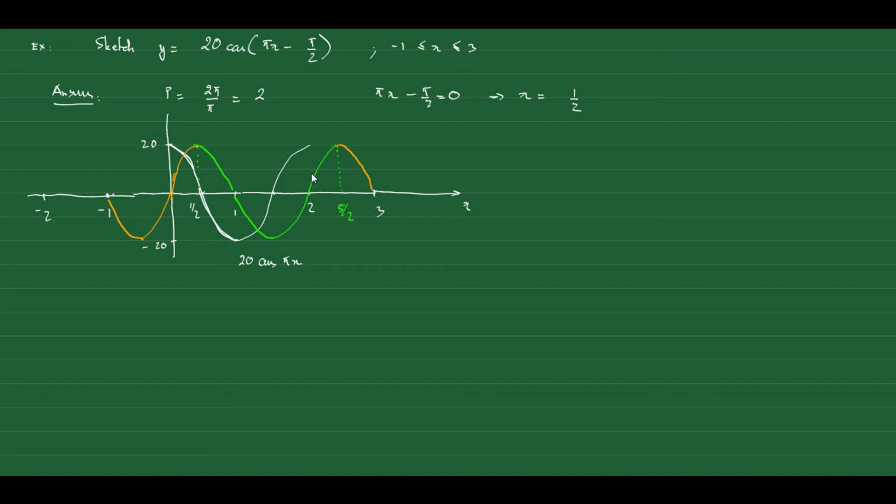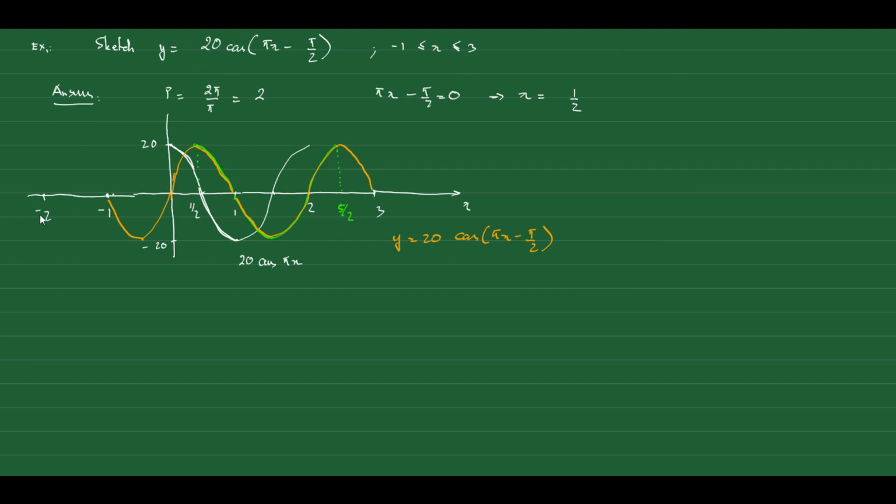The final one will be y equals 20 cosine of pi x minus pi over 2, because they want it between -1 and 3, so between here and here. Like that. So that's your final sketch. It's not really that bad.